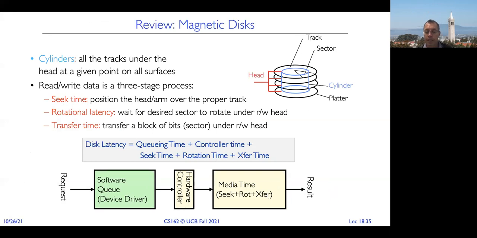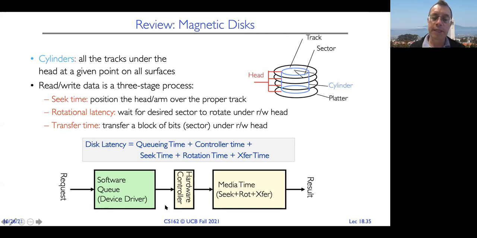Now, when you satisfy a request, what happens? Assume that you already know where the data you need to read is located. Once you do that, you need to identify a sector. Identifying a sector means identifying the track, right? In order to get to a track, you need to move the heads.